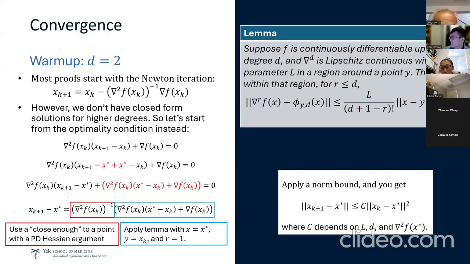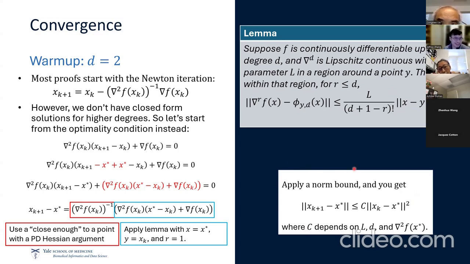That's just a constant. And then this degree becomes 2. And if you put that all together, then you get this bound here, which you should recognize as just saying that quadratic Newton's method has quadratic convergence.